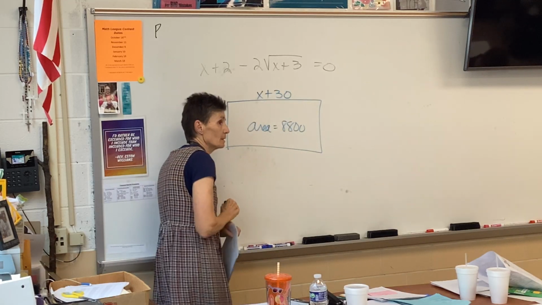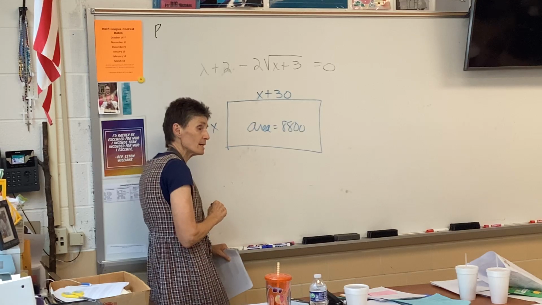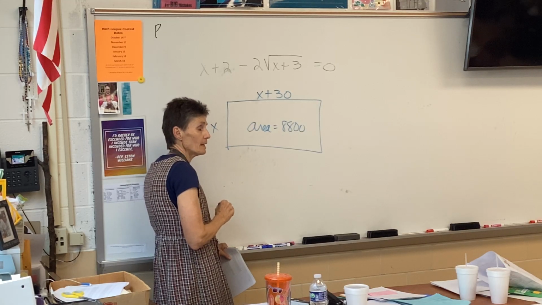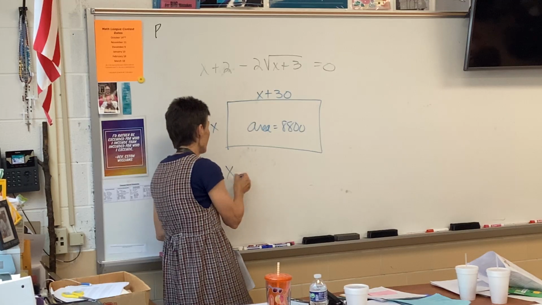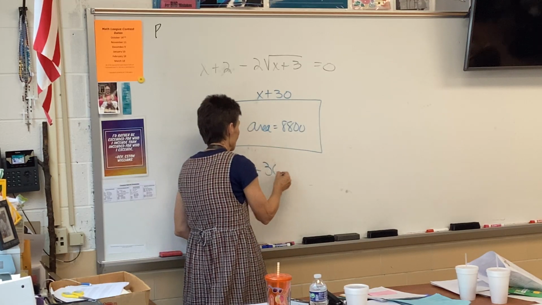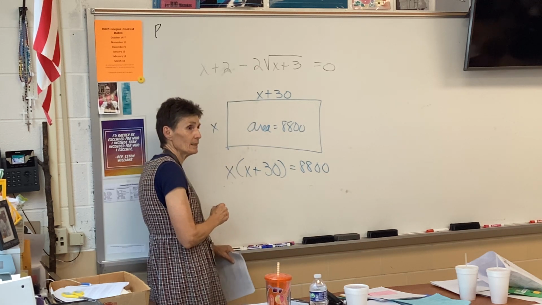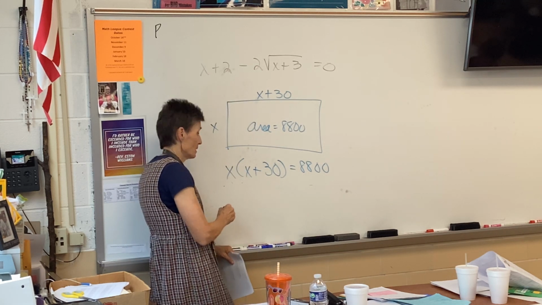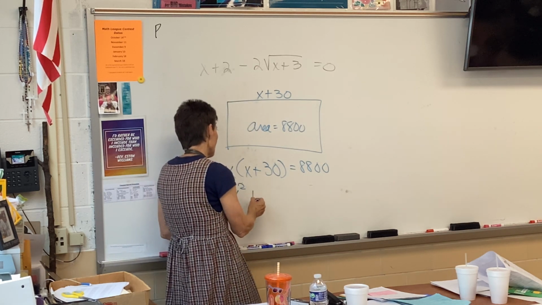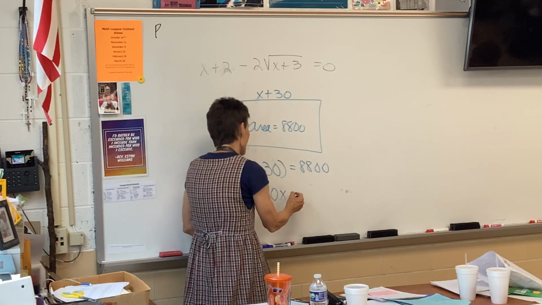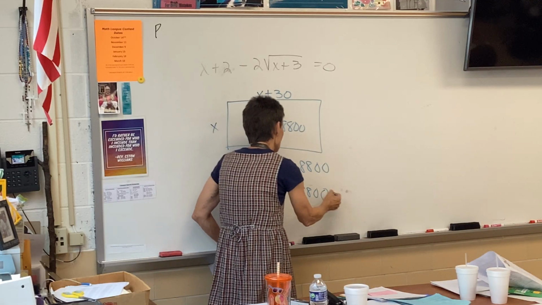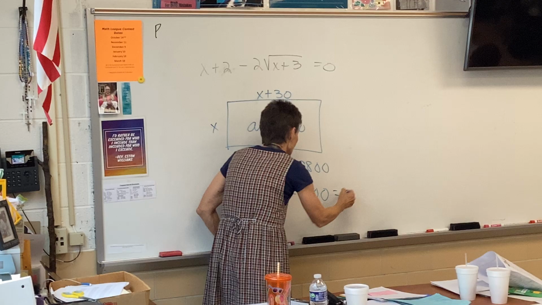Yeah. And then area is length times width. That look okay to everybody? So x squared plus 30x minus 8,800 is 0.